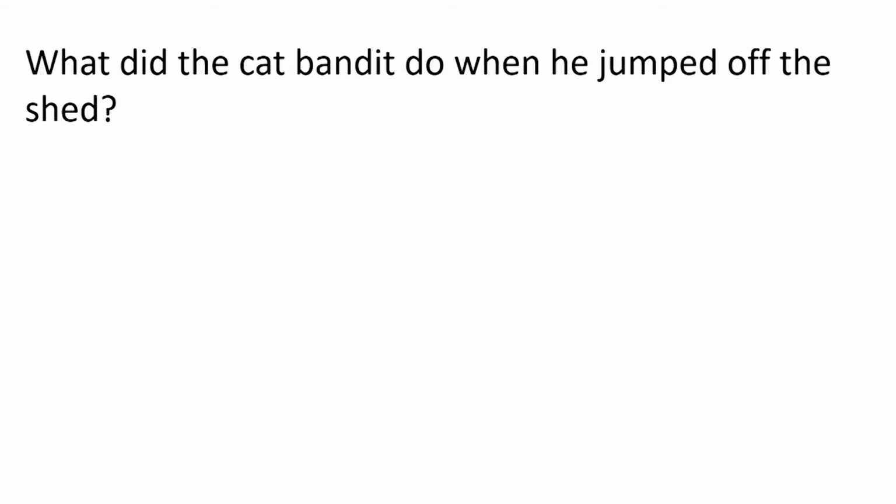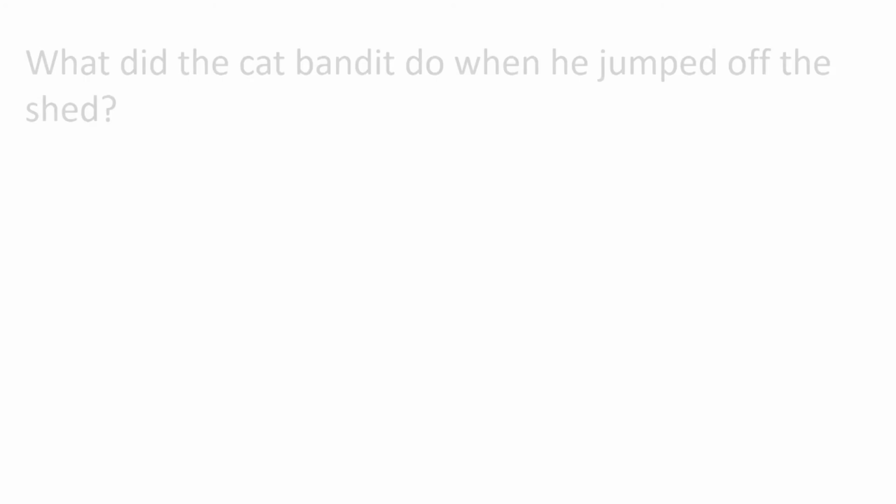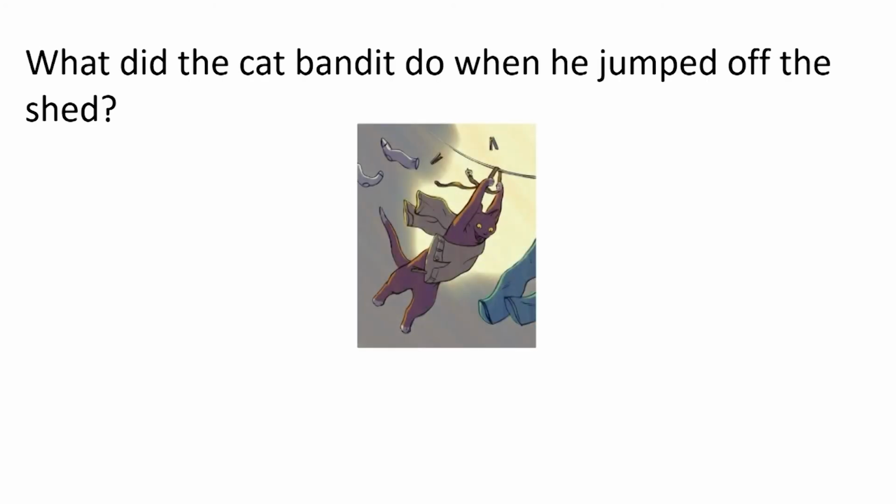Now, what did the cat bandit do when he jumped off the shed? Look at this picture to help you remember what happened. What is the cat bandit doing? What does he have? He has a belt, okay.